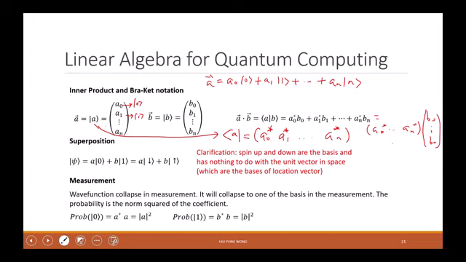Then it will collapse to either spin up or spin down, because spin up and spin down states are the eigenvector states. And they have corresponding eigenvalues, +1, -1. And eigenvalues are what you can measure, and as a result, this measurement also corresponds to the observables, right?